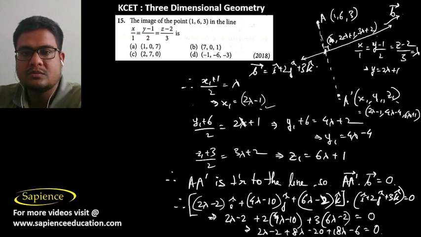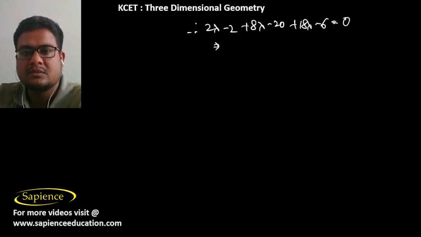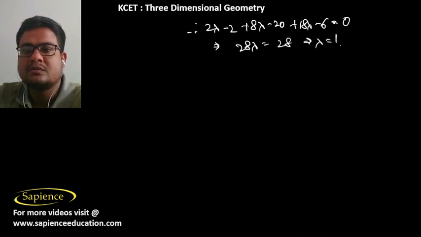From here we can find the value of lambda. So this would be 28 lambda, that is equal to 20 plus 6 plus 2, that is 28. So lambda is equal to 1.